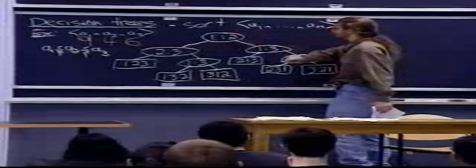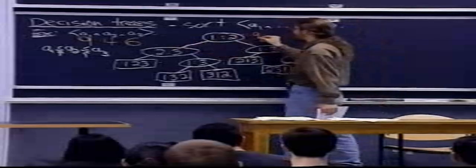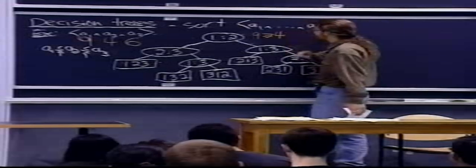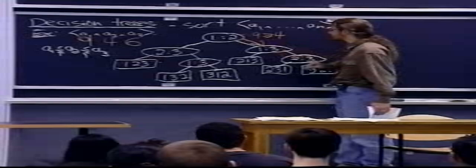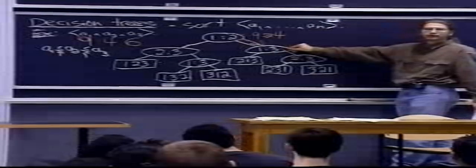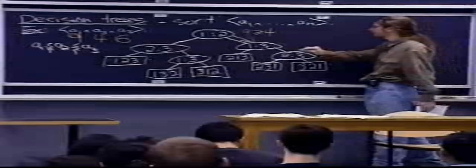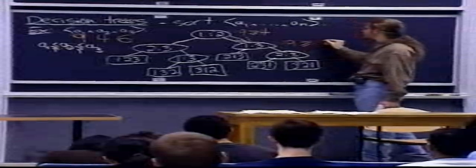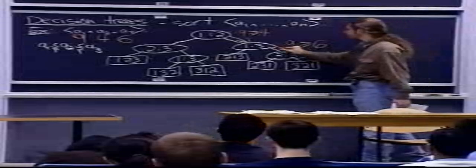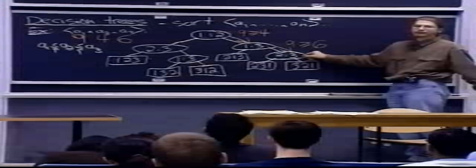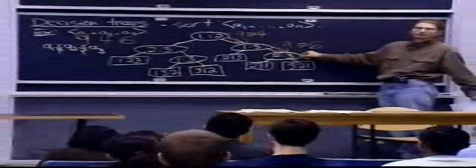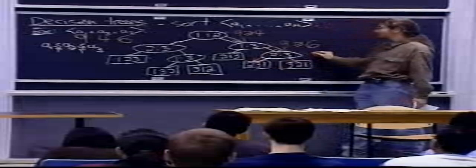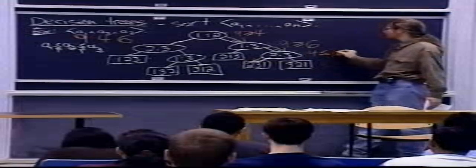Good. I mean, A1 is bigger than A2. Okay, so we go this way. Which way do we go here? Right. Good. Because A1 is 9. That's bigger than A3, which is 6. Which way do we go here? You're getting bored. Left, right. A2 is 4. That's smaller than A3.